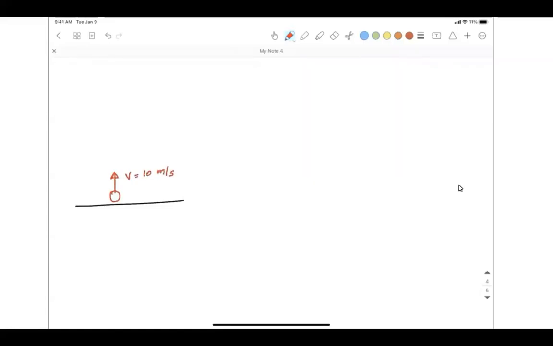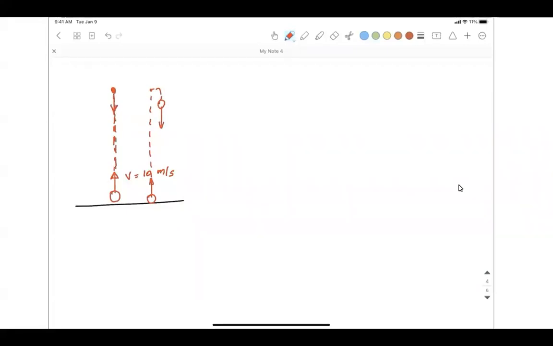This object will go straight up and reach the maximum height, then turn around and descend downward along the same line, the same path.